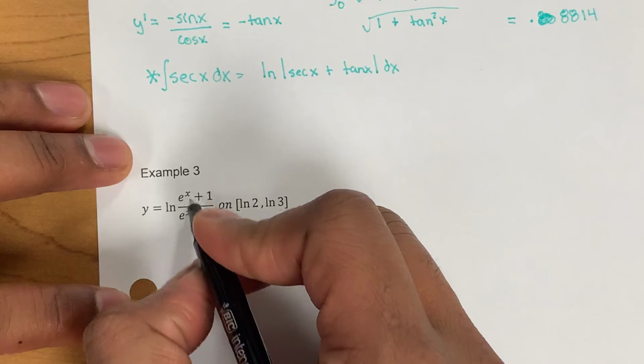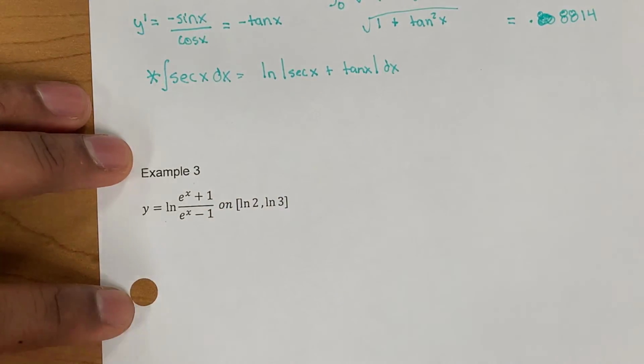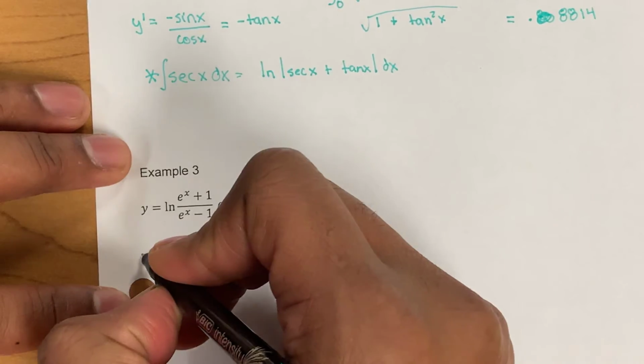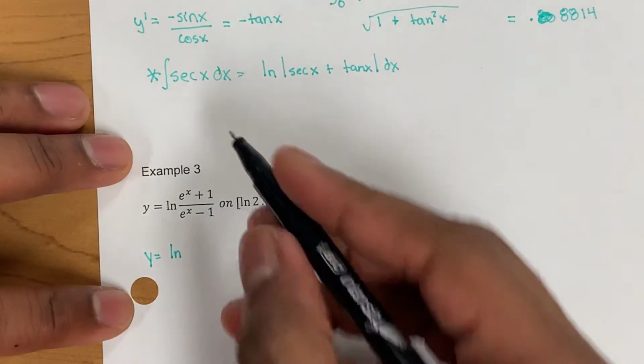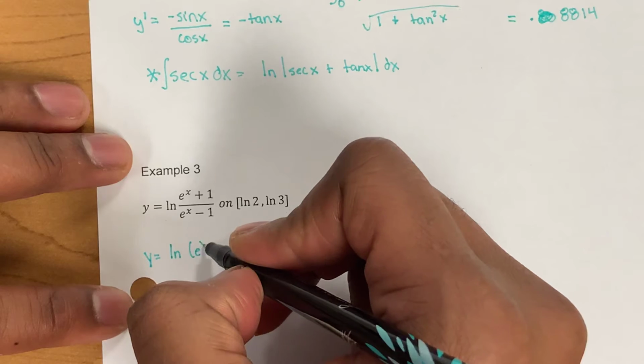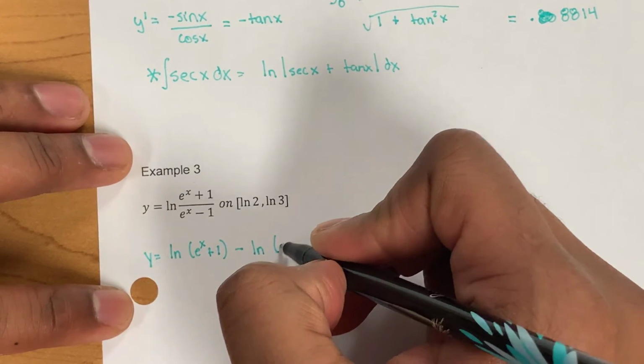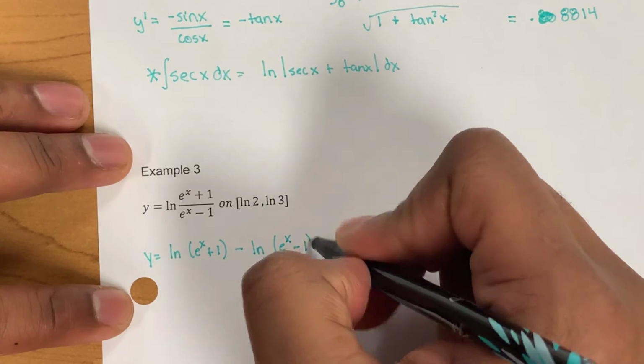So remember, if we divide inside of a logarithm, we can separate this, as a rewrite, to the ln of e to the x plus 1 minus the ln of e to the x minus 1.